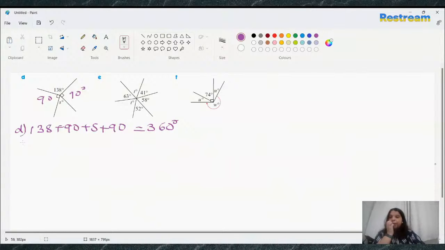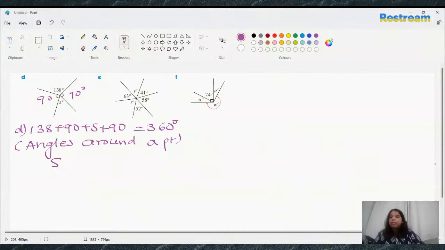Okay. Why? Because they are angles around the point. How much is it? 90 plus 90 is 180. 180 plus 138 is going to be 318.